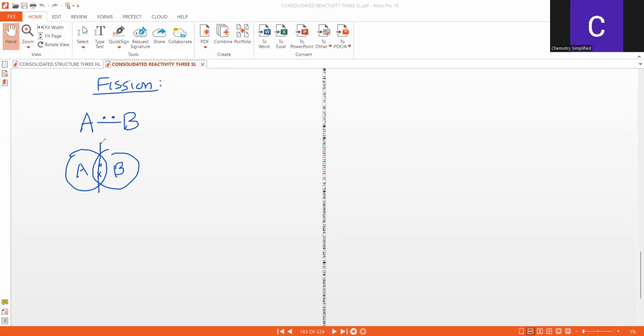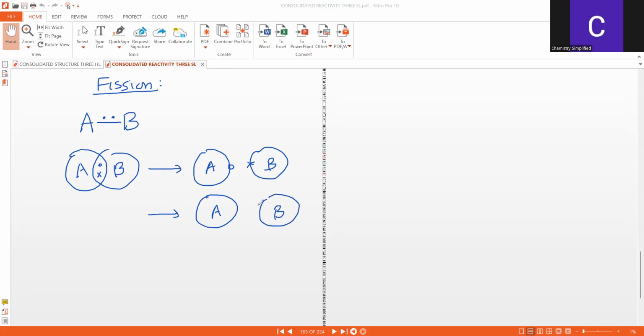So the question is, when the bond breaks, what happens to these electrons? There are two possibilities. One is that the electrons are equally distributed between both the atoms. So A gets one, B gets one. Second is that one of them gets both, the other gets none. So assuming that A has lost the electron and B gets both the electrons.